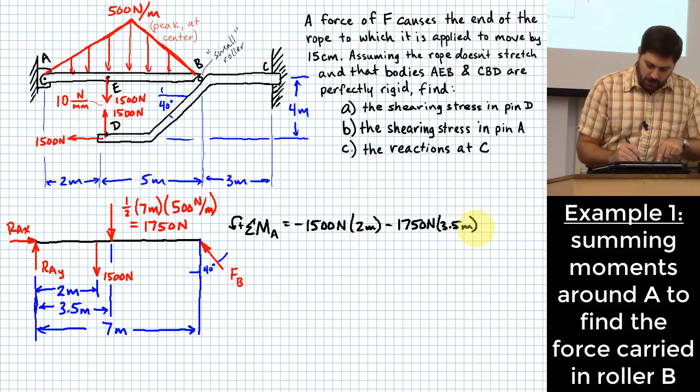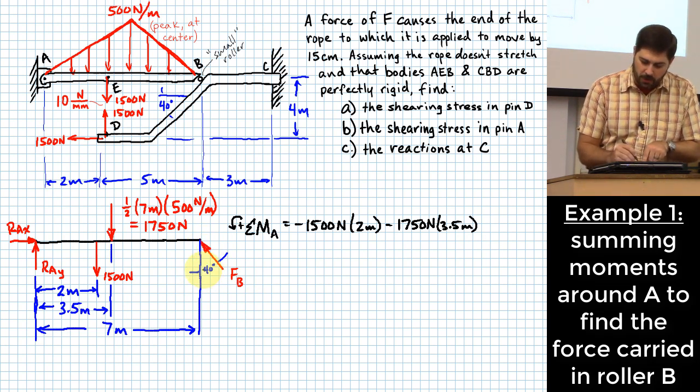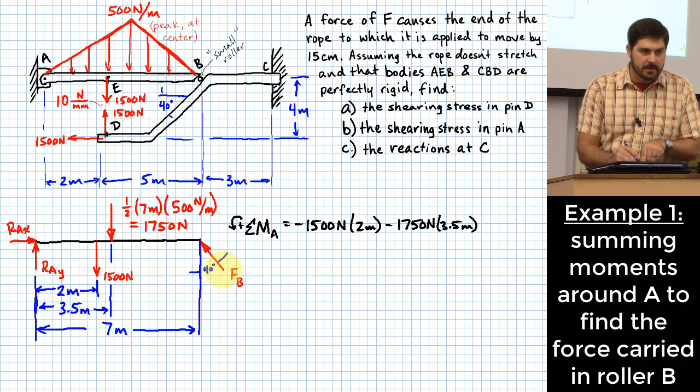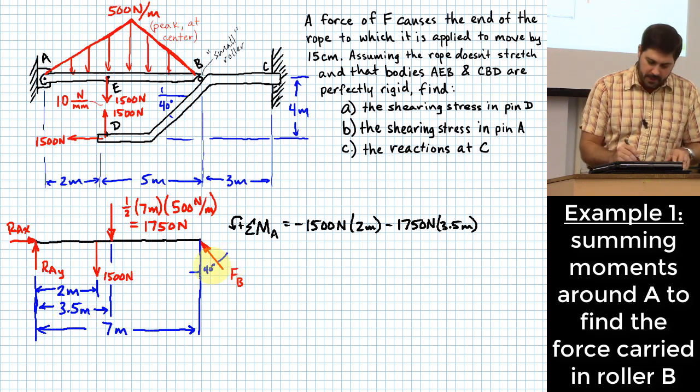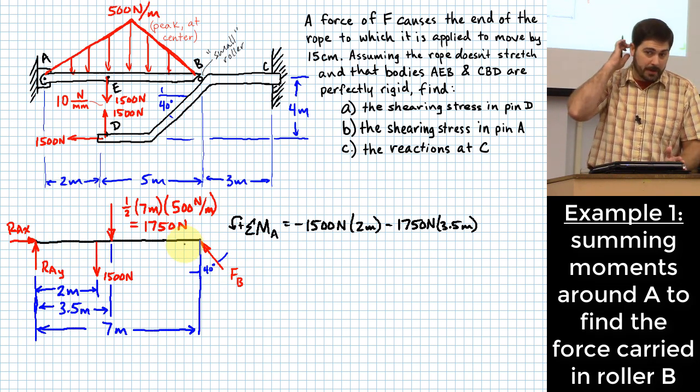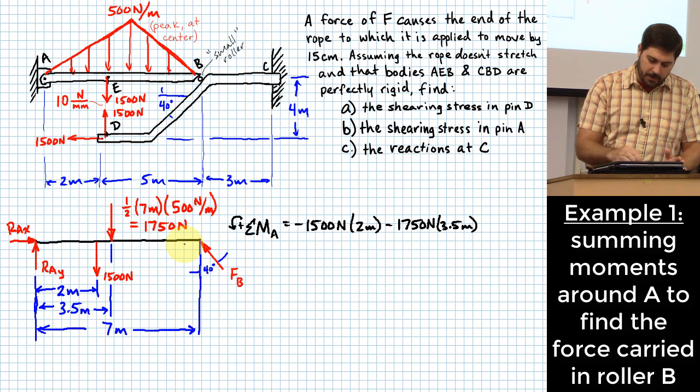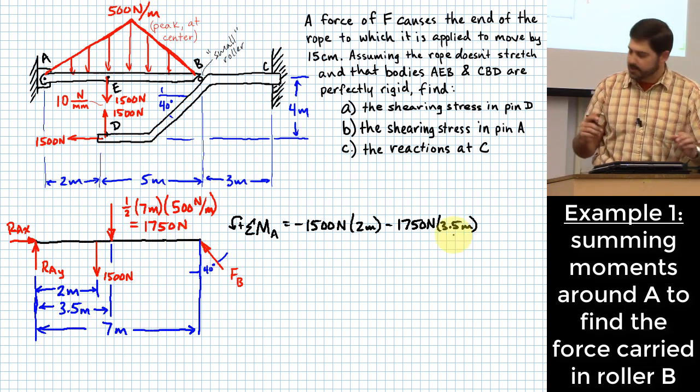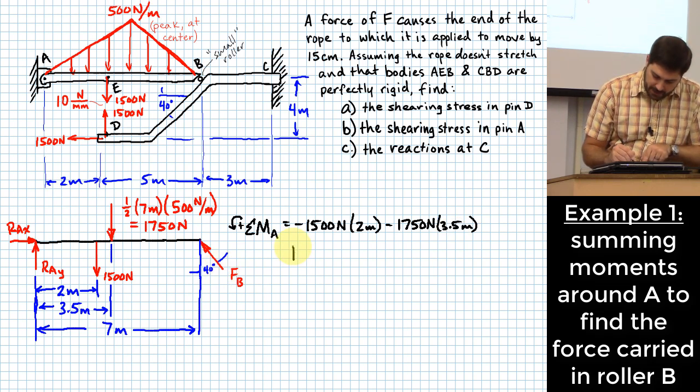Okay. We also have this force at B that's angled at 40 degrees, which means I don't want the entire force at B. I only want the component that is perpendicular to this member, because that's going to be the component that actually creates the moment, right? The component that goes horizontally will not create a tendency to rotate. So I take FB and multiply it by what?